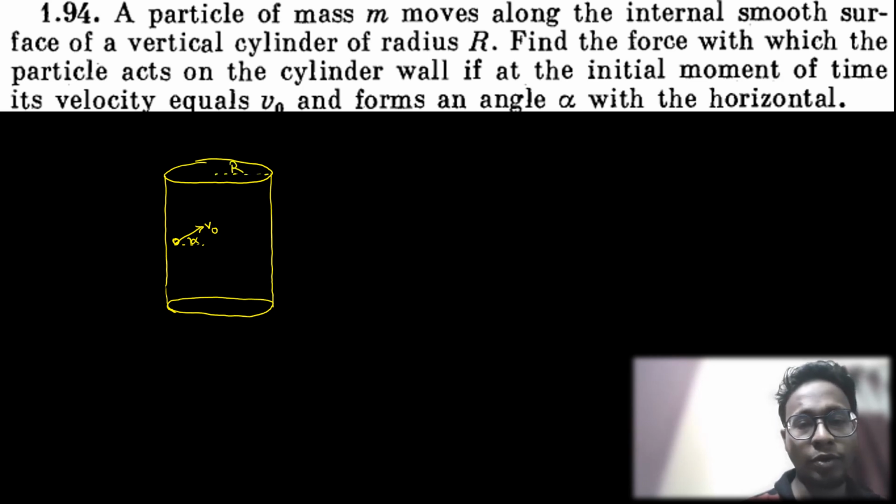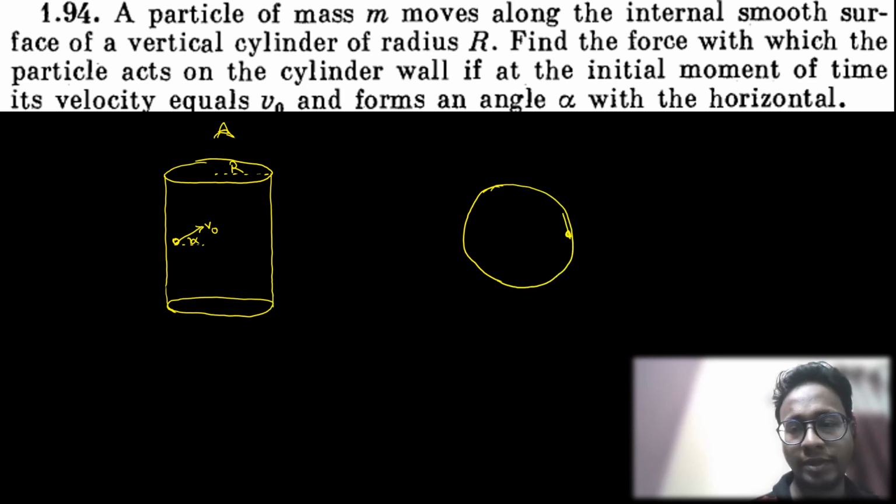If I look from the top view of the cylinder, I'll see the cylinder somewhat like this. The particle is moving with velocity v along the cylinder wall. Sorry, it has to be tangent.